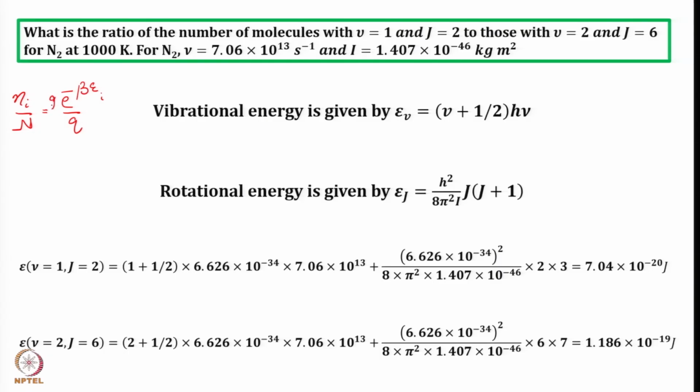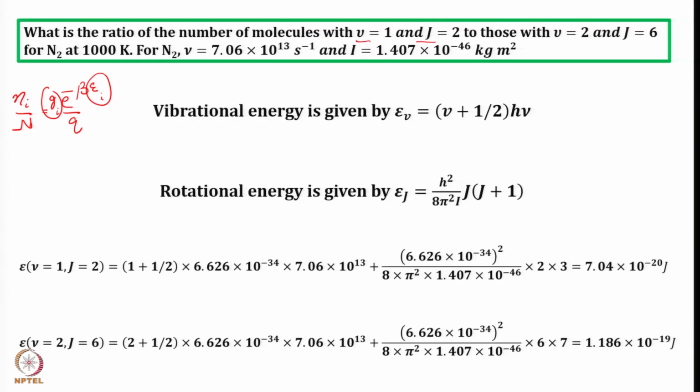In that case, gi will come here. But to address this kind of problem, first of all we need to know energy levels and we need to know degeneracies. These two things are required to solve this problem. One is energy levels and second is the degeneracy. The question given to us talks about vibrational and rotational levels.